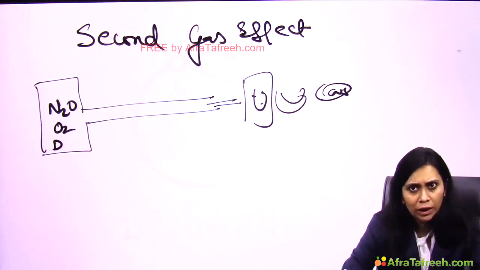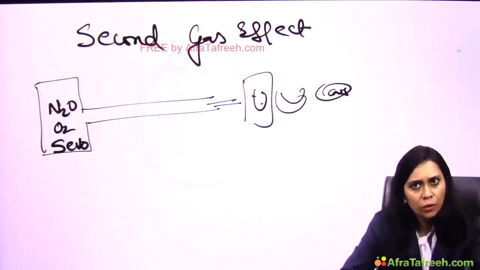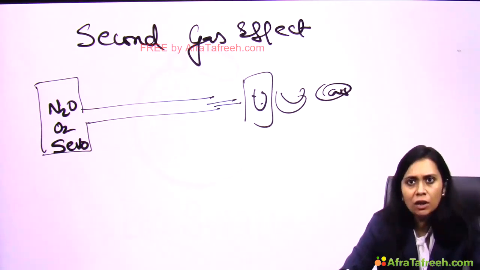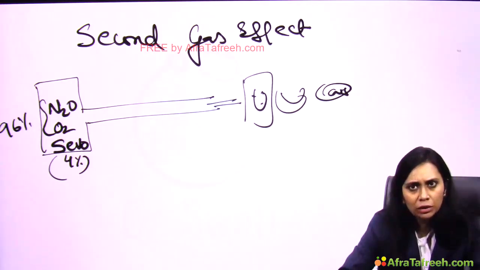What do we use for induction among inhalational agents? Sevoflurane. I have turned on the vaporizer. 4% sevoflurane is going in the inspiratory mixture. The rest 96% of the inspiratory mixture is 70-30 nitrous oxide and oxygen.